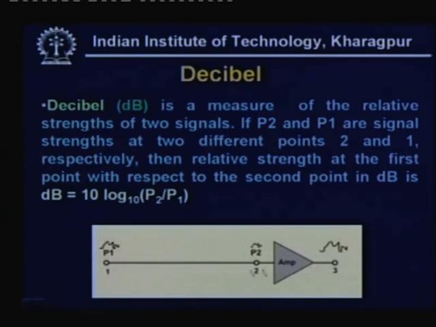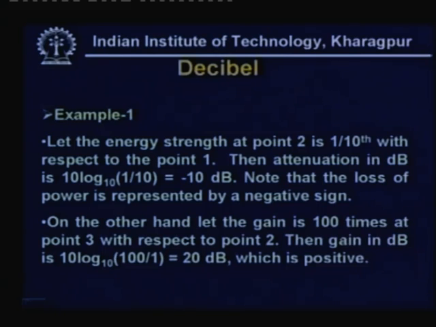So as you can see here P1 is the power, here P2 is the power, and here P3 is the power at this point. Now let me explain this with the help of an example.